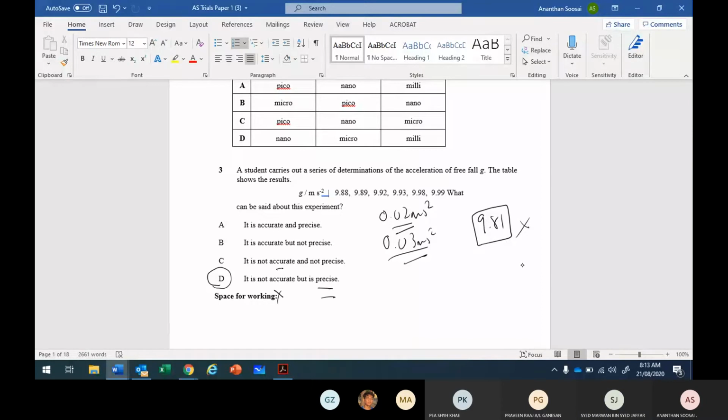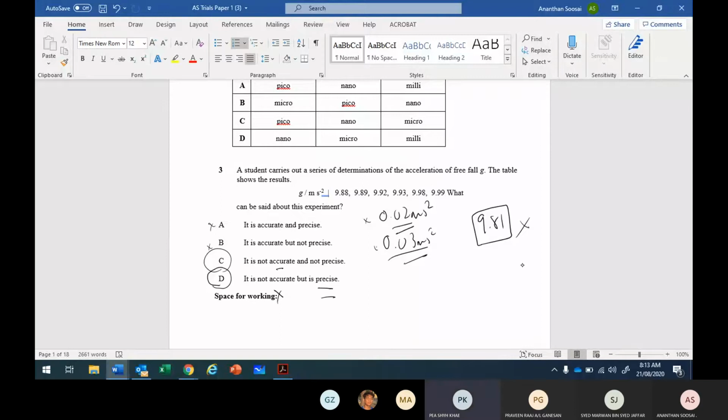That's the problem with the question. The answer is C or D, definitely not A or B. There is an error in this question. They must tell precise within how much, then only we can decide about precision.